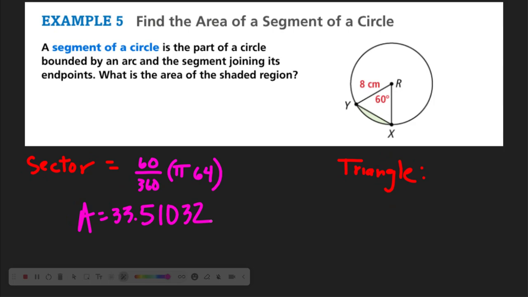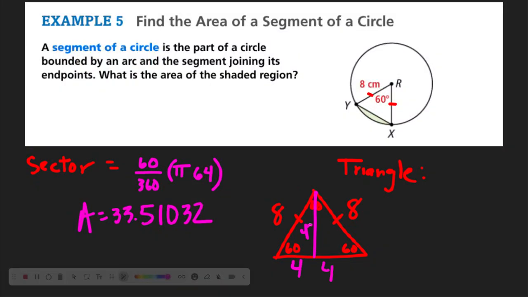Well, I'm going to need a picture for that one. Notice these are the same. So it's at least an isosceles triangle, but this is 60, and they have to add up to be 180. So this is an equilateral triangle. You got 8 here, 8 here. This is why they call it a special right triangle.